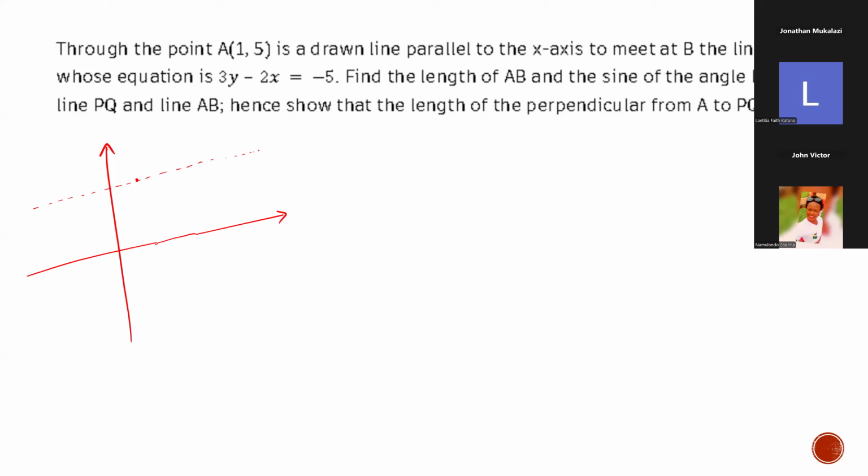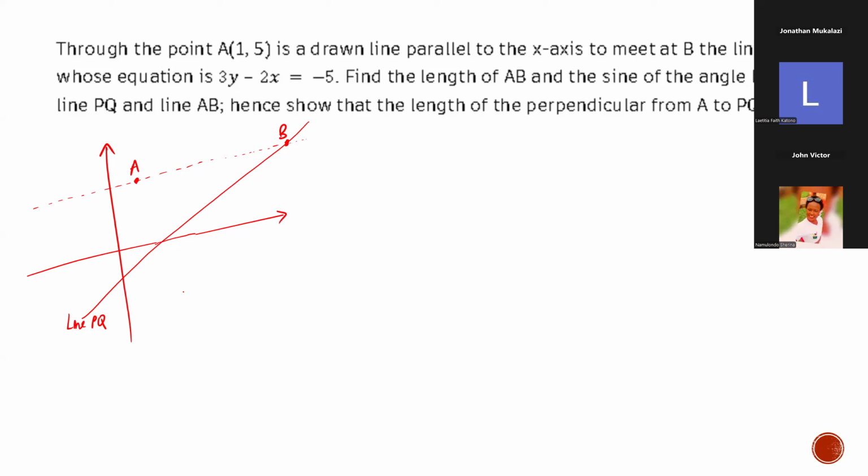Its intercept is negative though, so it's going to look something like this. Yes, that's the line PQ. And so the point B should be somewhere there. That's our point A. So that's AB and line PQ.